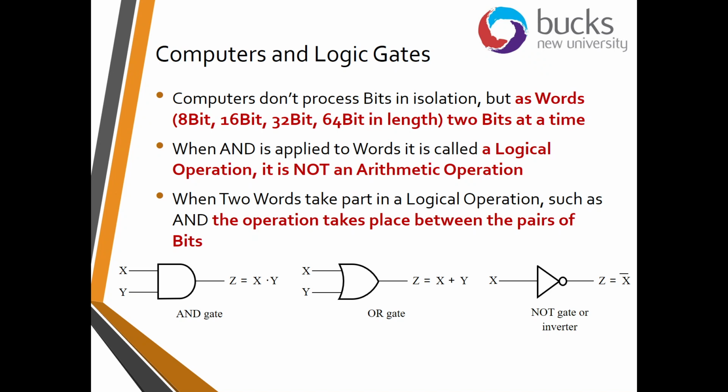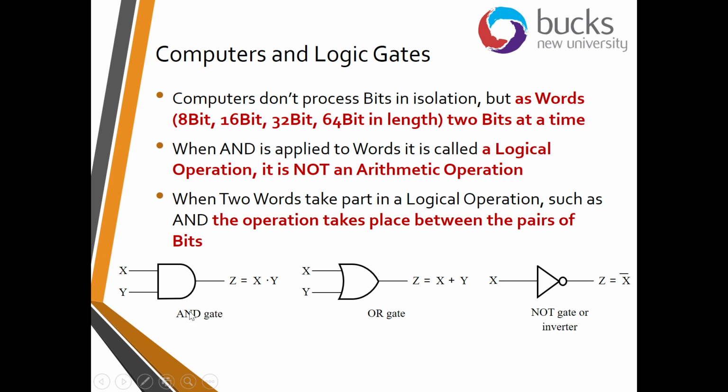So the bits are coming in, one at a time as a pair, being operated on and spat out the other side, basically. You can see some examples of those transformations taking place here.